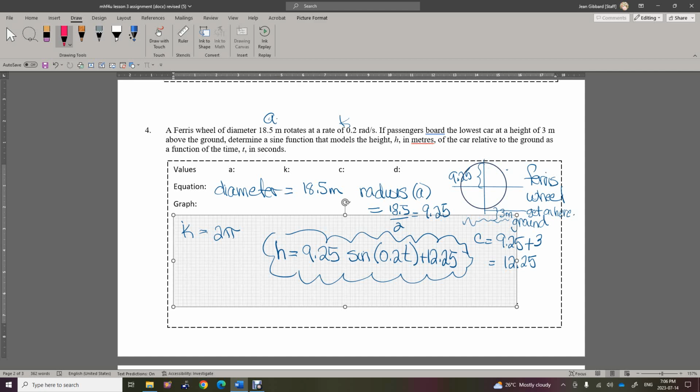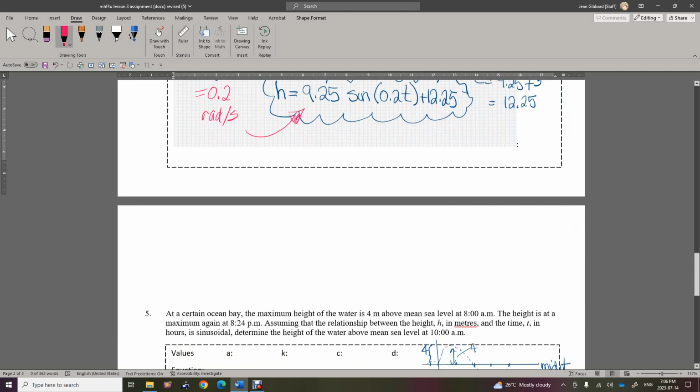We said it rotates at 0.2, so it's already told us the K value. We don't need to do any calculations. We can just know that this is 0.2 radians per second, and that then gives us our equation.